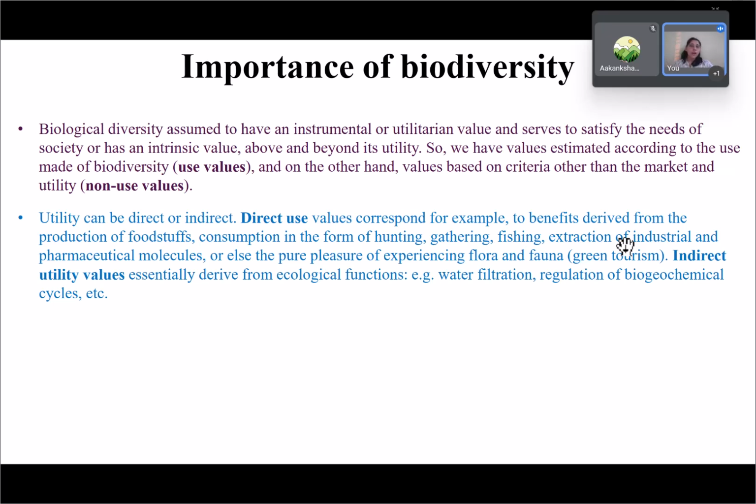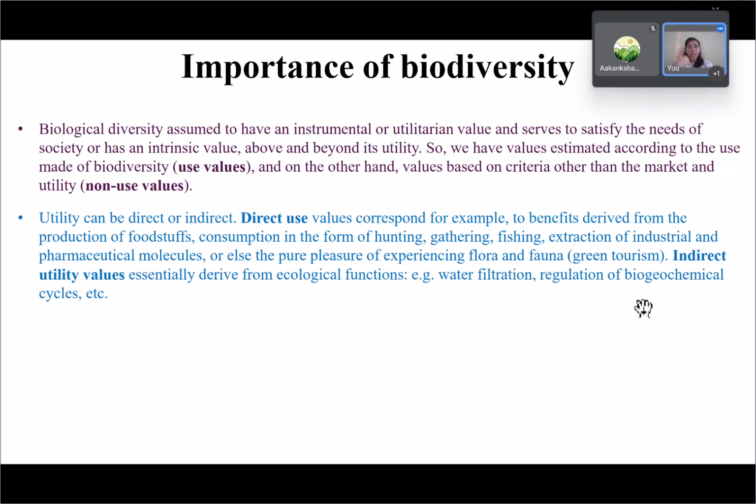When you are using the biodiversity, when you are using the product, it's use value. When there is no using per se of the biodiversity, that's non-use value. Now when you're using the biodiversity, you could be directly using the fruits, the timber, the wood, that's direct usage. But then you also have some indirect usage which is not related to extracting anything from nature.